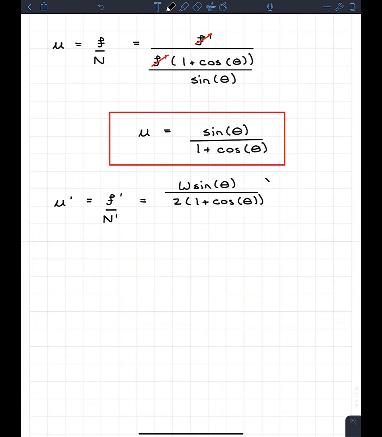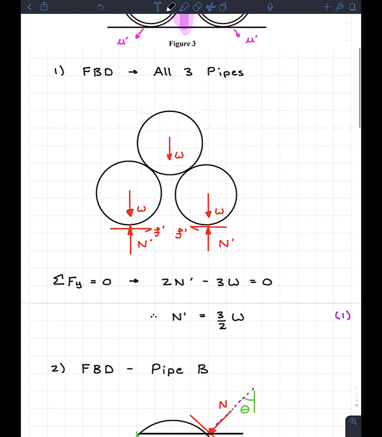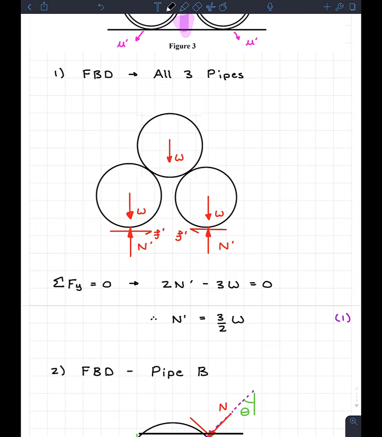What I should do to show you guys too is put extra brackets around it. And we have to divide it by n prime. And n prime we know is actually just 3 over 2 times w. Where did we get that from? That was actually the very first equation we did at the top. Right here, n prime is equal to 3 over 2 times w. Equation 1 we called it.